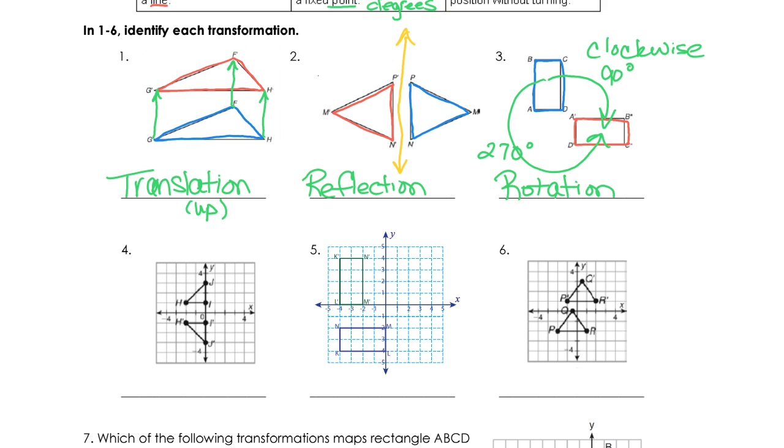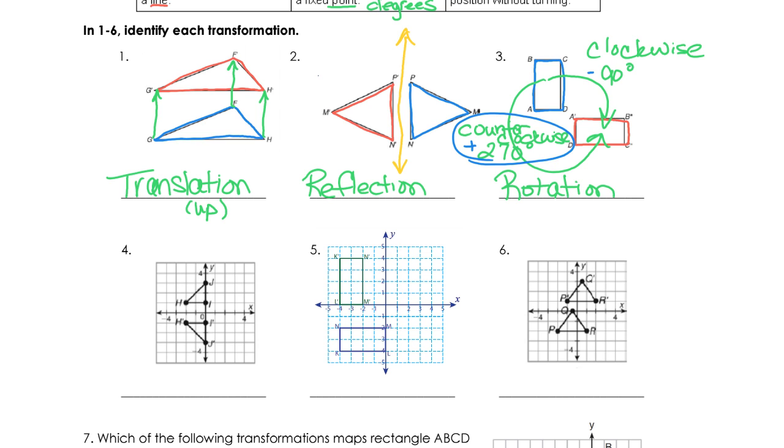And this is the opposite of the way the clock goes, so this would be counterclockwise. The rotations that we will do will always go counterclockwise so that they can stay positive degree rotations. So this would be a positive 270 degrees, whereas this one would be a negative 90 degrees when you go clockwise.